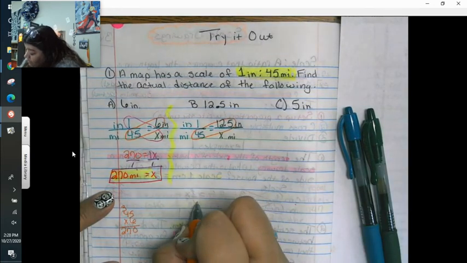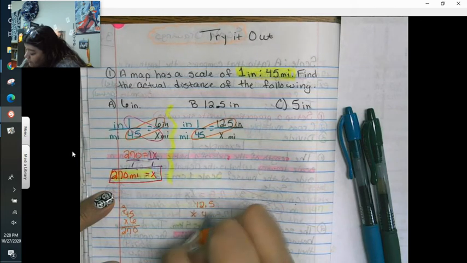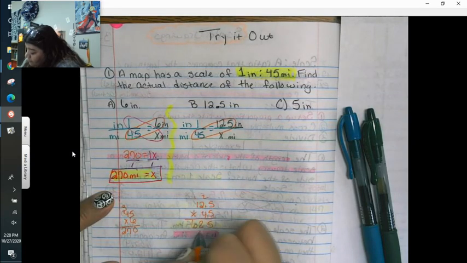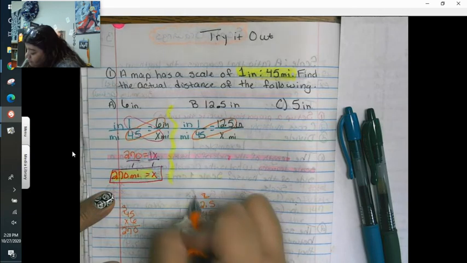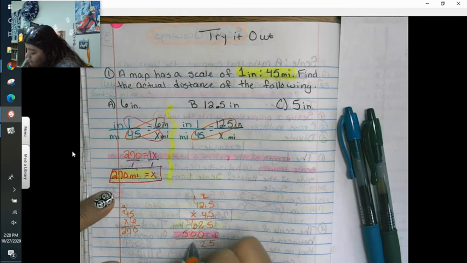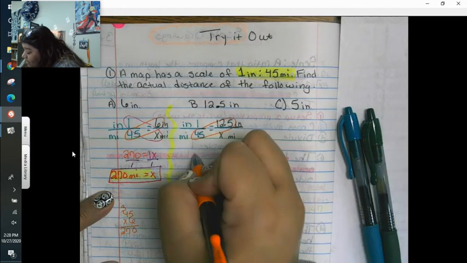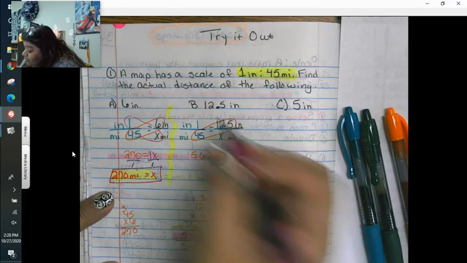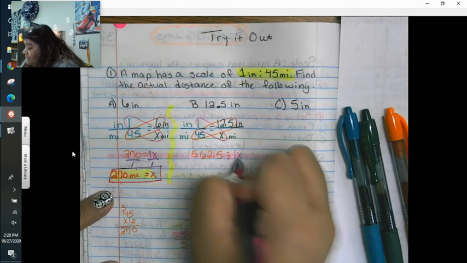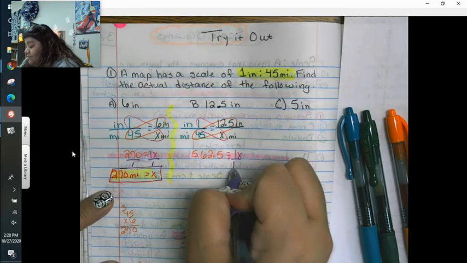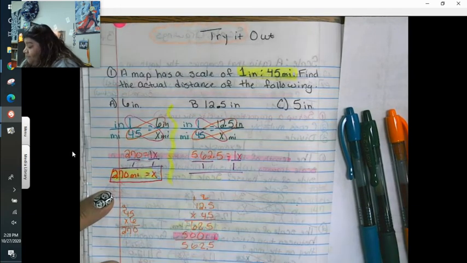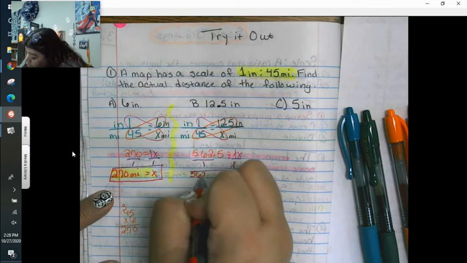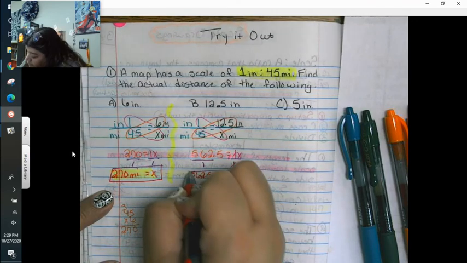So I'm going to multiply 12.5 times 45. One decimal spot. I got 562 and 5/10. And then we're going to go in the opposite direction. Awesome. 1x. Like I said, pretty much that is just the same thing. Okay. So cancel, cancel. X is equal to 562.5 miles. MI for miles.